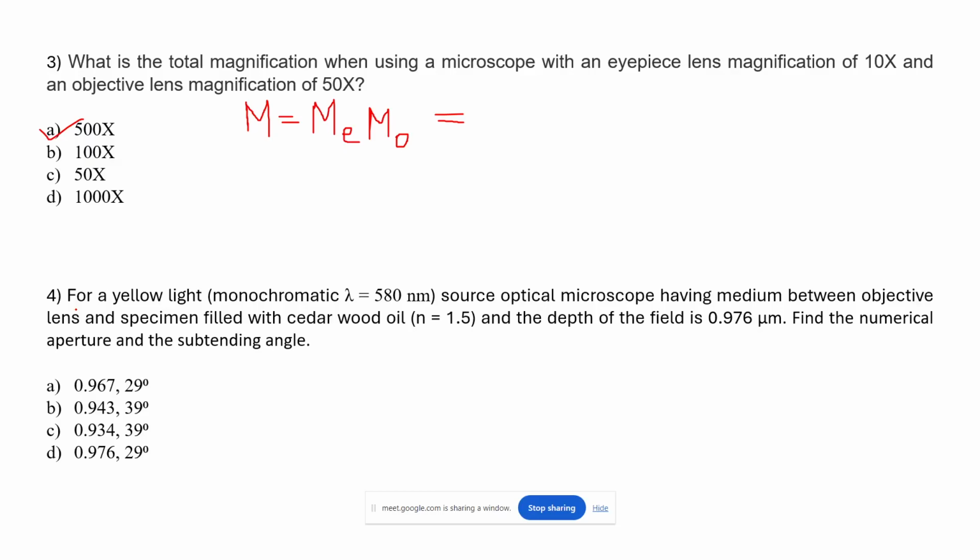Yeah, because it is a monochromatic light, the different wavelength is not at all there. So there is only one wavelength, so it won't be having any chromatic aberration.